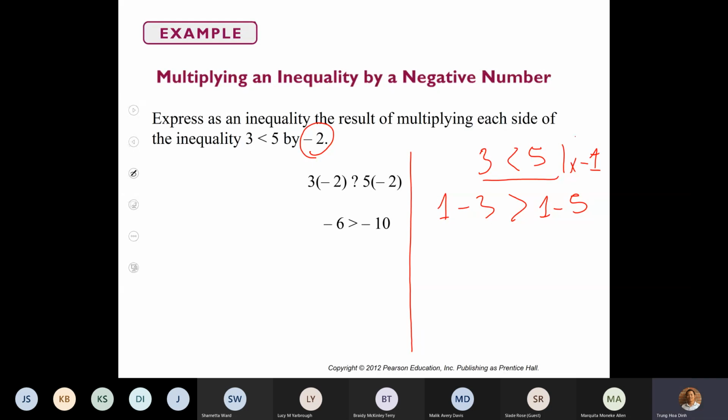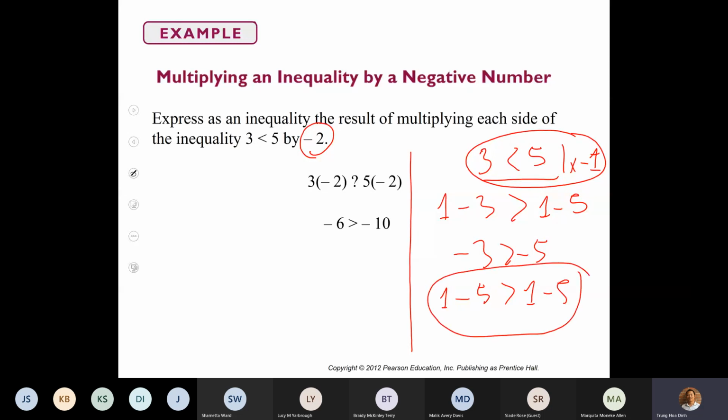So if I multiply by -1, I get -3 greater than -5. And then I add 1 to both sides. I don't change the inequality. From here, I get 1 minus 3 greater than 1 minus 5. So when you subtract 3 from 1, you are okay.